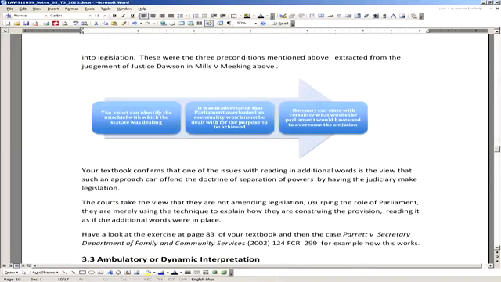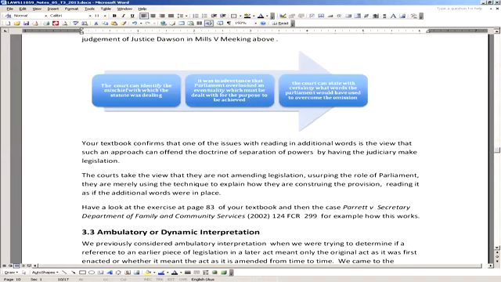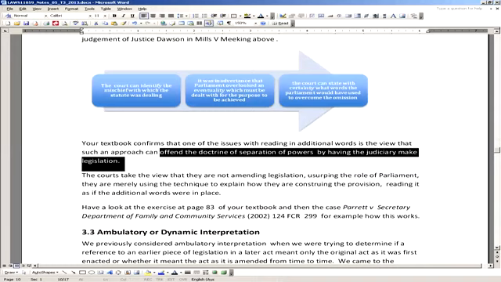I think, and this is what the textbook's saying, such an approach can actually offend the doctrine of the separation of powers. Because what have you got? You've got another legislature.